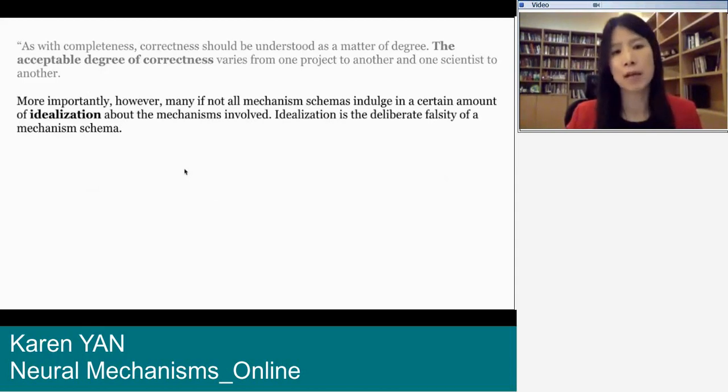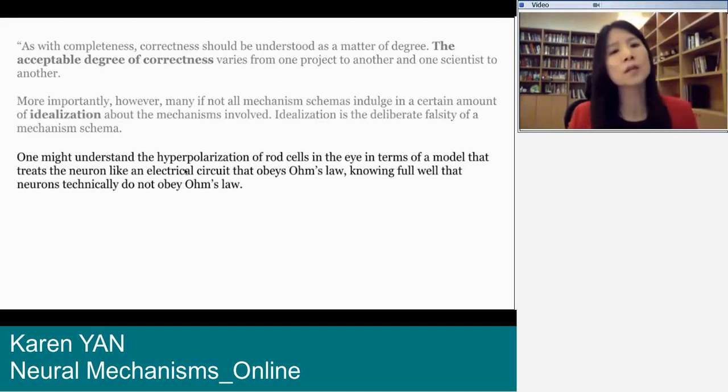More importantly, however, many, if not all, mechanism schemas indulge in a certain amount of idealization about the mechanism involved. Idealization is the deliberate falsity of the mechanism schema. One might understand the hyperpolarization of rod cells in the eye in terms of a model that treats the neuron like an electrical circuit that obeys Ohm's law, knowing full well that neurons technically do not obey Ohm's law.